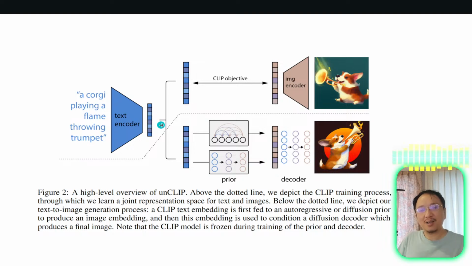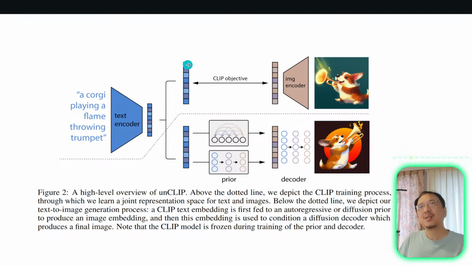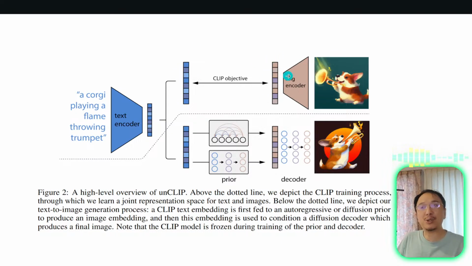So the special part of the unCLIP model is that it does not use the text encoding to generate the image directly. It uses the text encoding to generate the image encoding by using a diffusion model or other generative models.